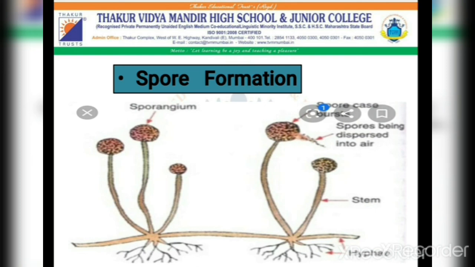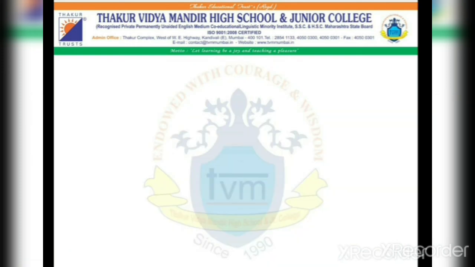So in this part, we have seen two categories of reproduction, that is asexual reproduction in unicellular and asexual reproduction in multicellular organisms. In unicellular, it is carried out by three methods: binary fission, multiple fission, and budding.